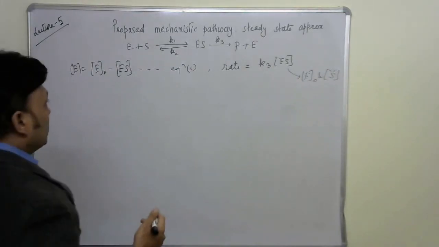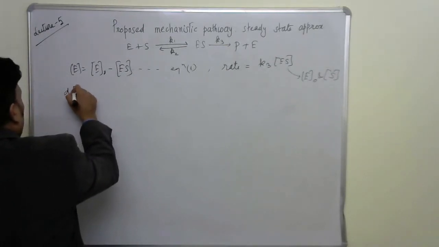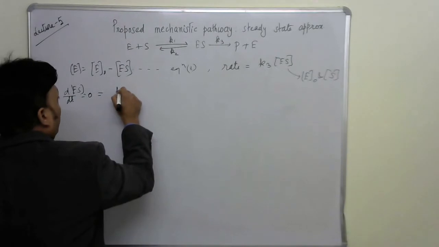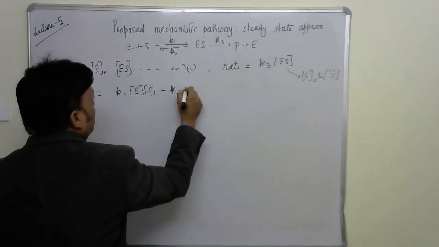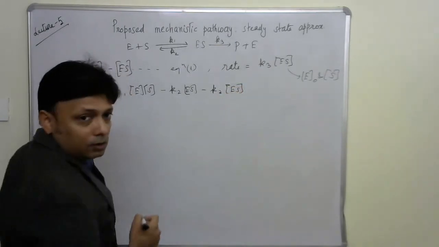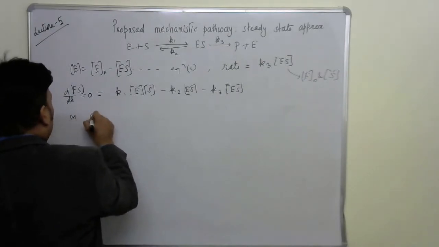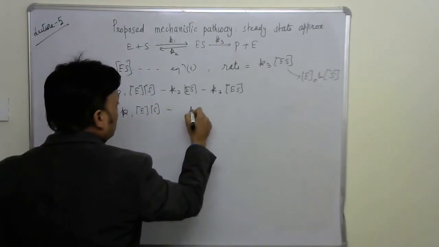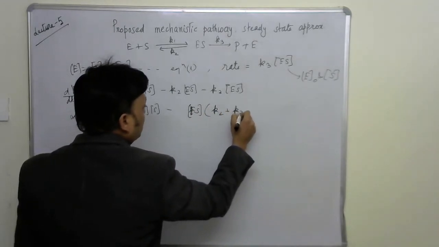So how to proceed? We should proceed with the steady state approximation. That means d[ES]/dt is equal to 0, which is equal to K1 E S minus K2 ES minus K3 ES. Or we can write 0 is equal to K1 E S minus ES within bracket K2 plus K3.